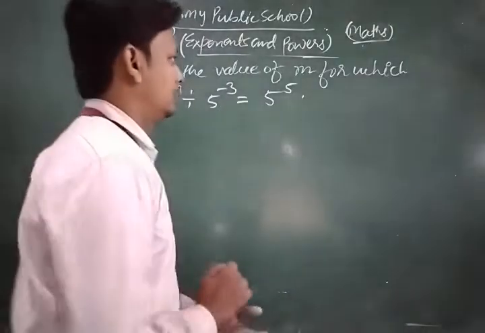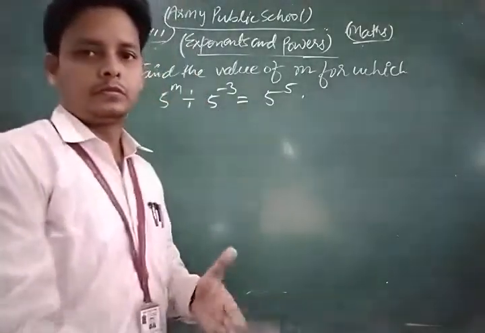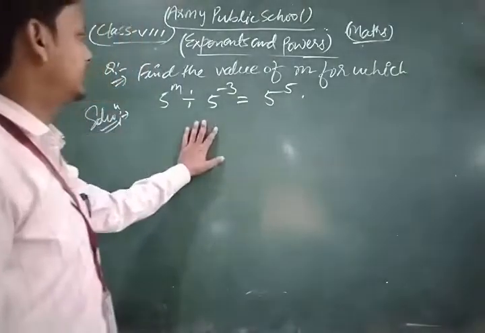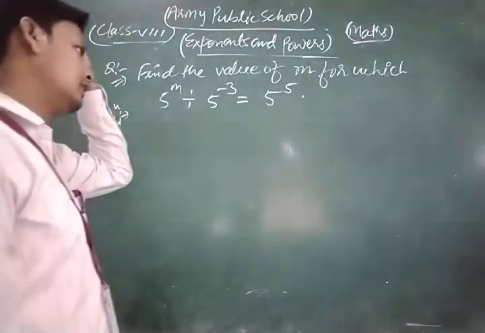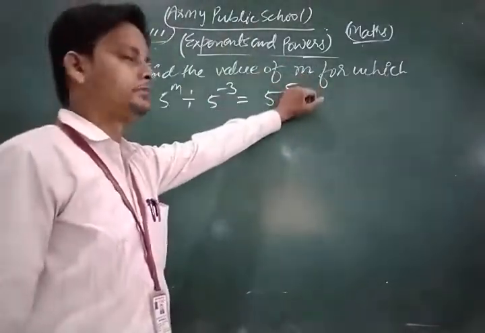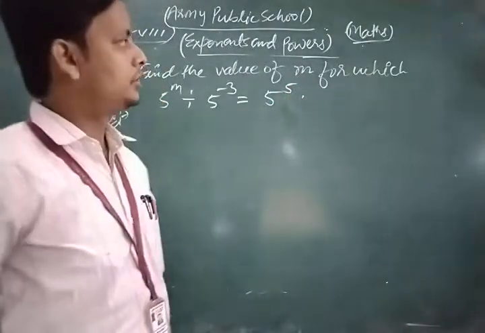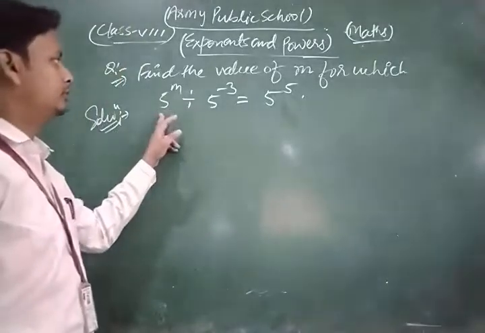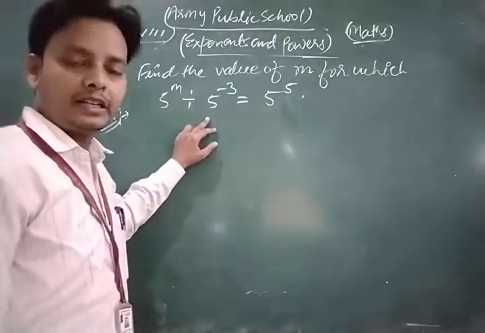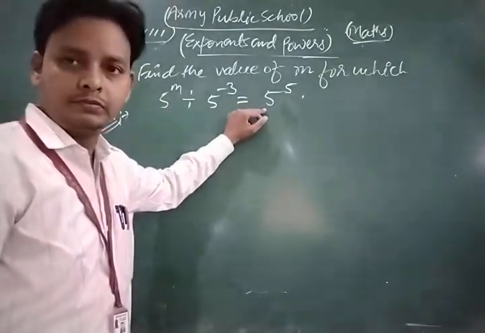Let's see its solution. Here the question is: find the value of m for which 5 to the power m divided by 5 to the power minus 3 is equal to 5 to the power 5.